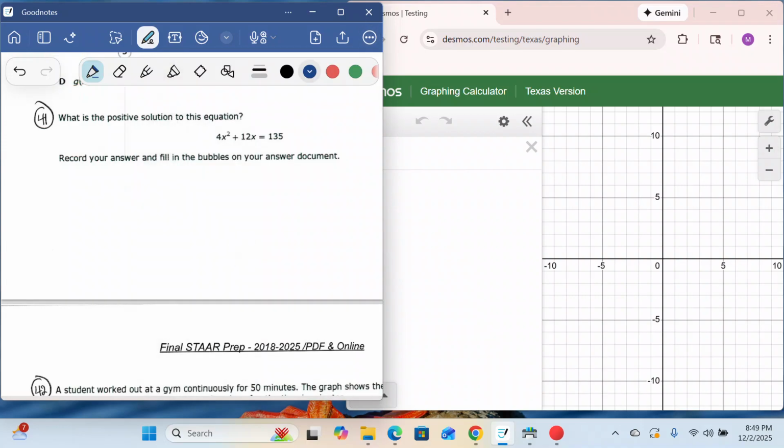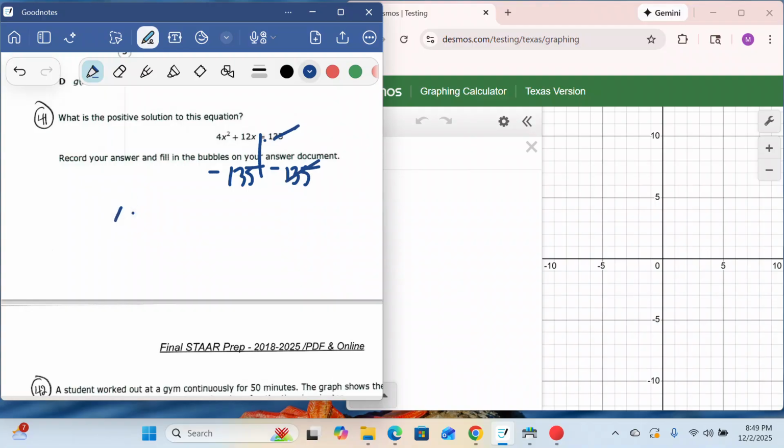I would use my railroad track right here, and I would send this 135 into the other side. So what I would do is I would subtract 135 from this side, and I would subtract 135 from this side. But if I do a positive 135, negative 135, that gives me a 0, so that cancels that out.